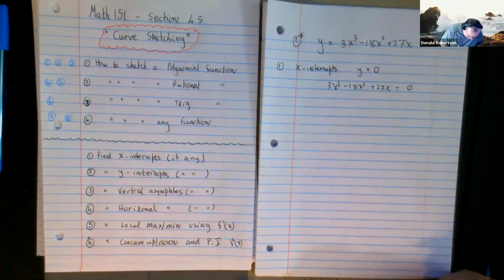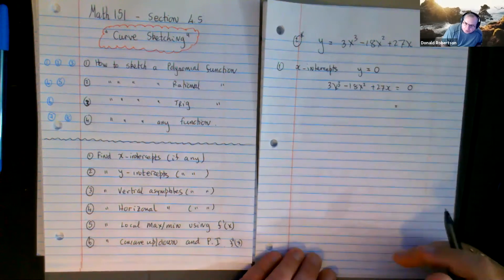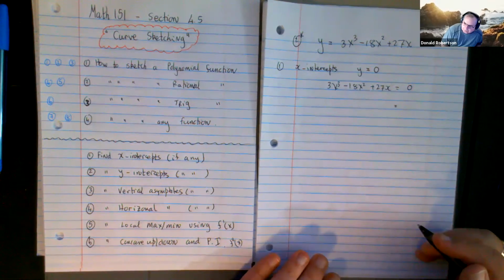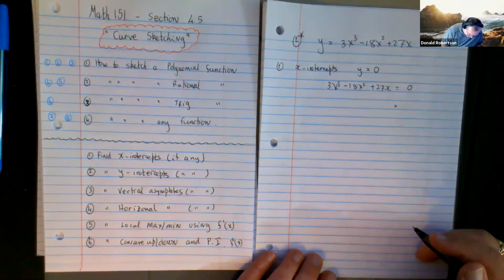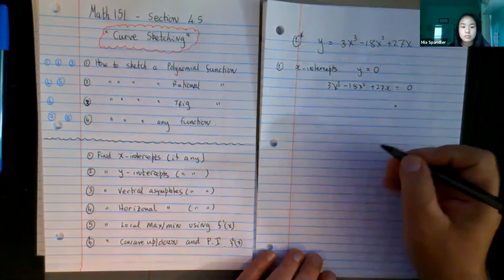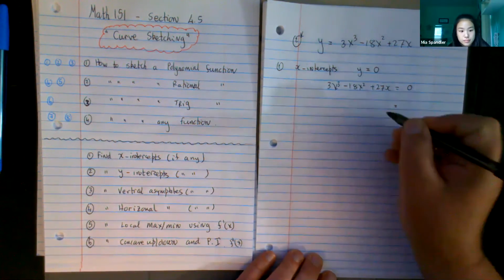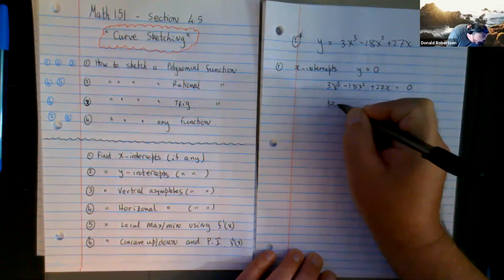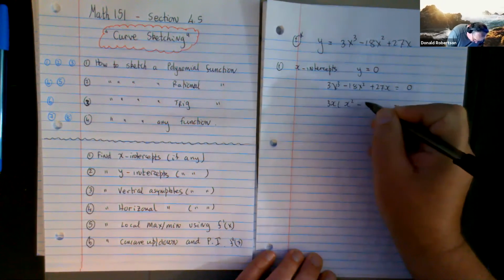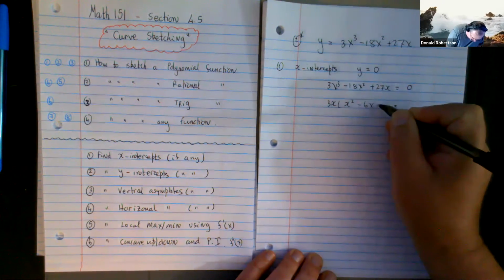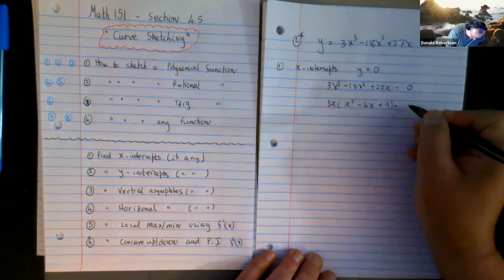Any suggestions for anything I could pull out as a common factor? 3x. That's what I would do. And that leaves you with an x squared, take away a 6x, plus a 9.